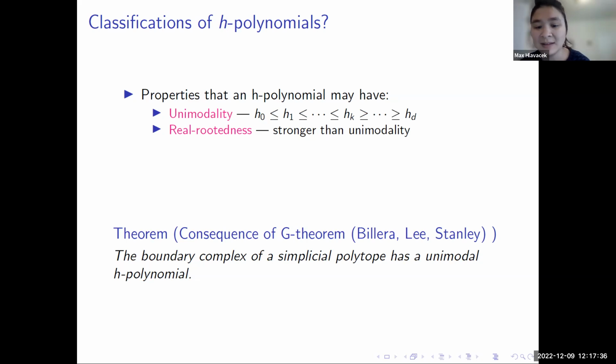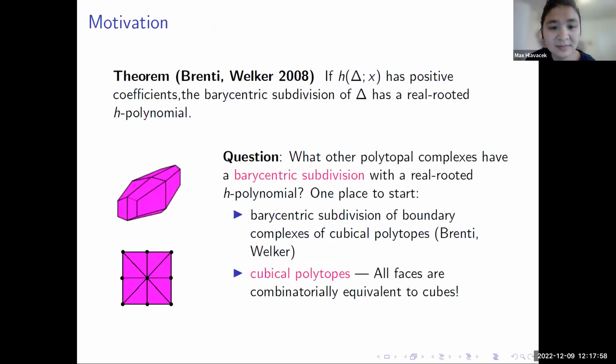A simplicial polytope is just a polytope in which all of the faces are simplices. So what this theorem implies is that the boundary complex of a simplicial polytope, so that's a simplicial complex, if you take the h-polynomial of that simplicial complex, it will always be unimodal. Since then, people have been expanding and exploring this statement in all sorts of directions.